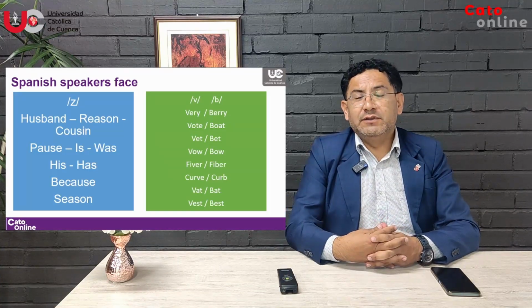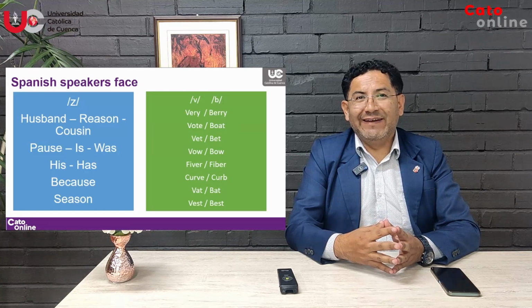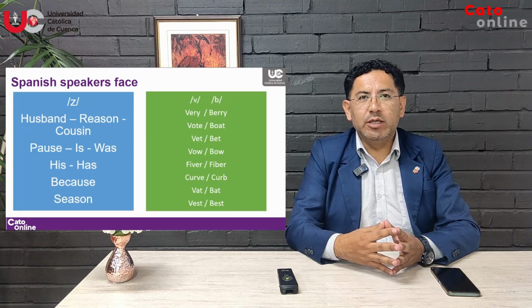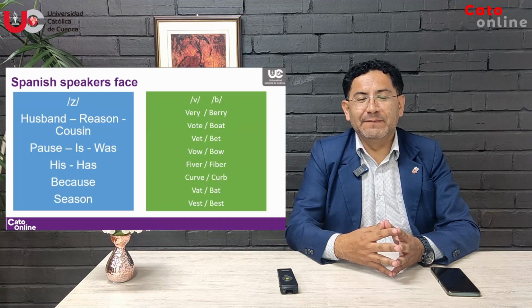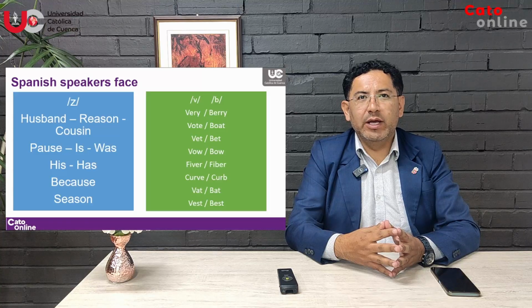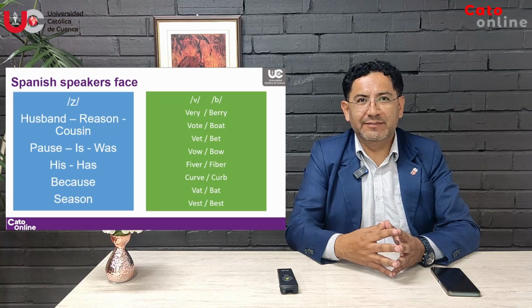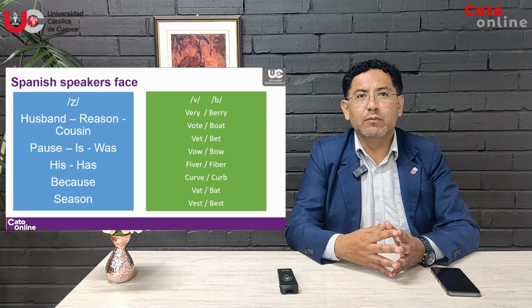And also we have to notice the sound between V and B. For example, very, very, okay? Vote, vote.